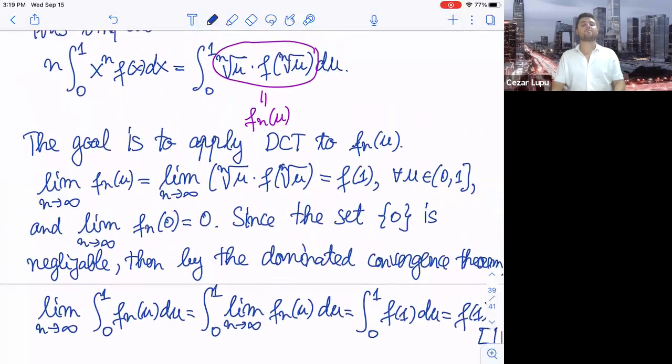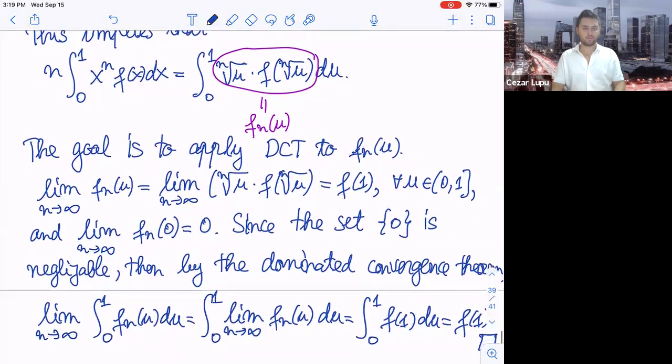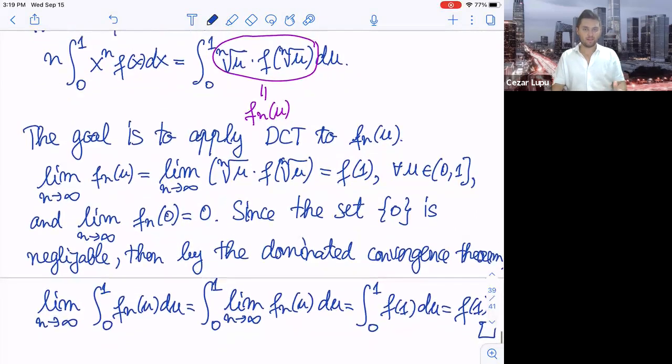Game over. So that's the problem, right? As you can see, it's just a simple application of the Lebesgue dominated convergence theorem. In fact, I would like to point out some remarks here because you might fall into a trap with this example.